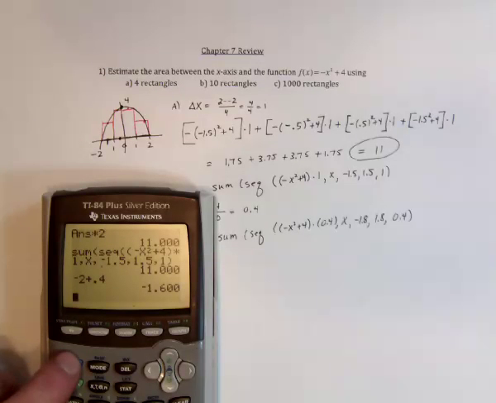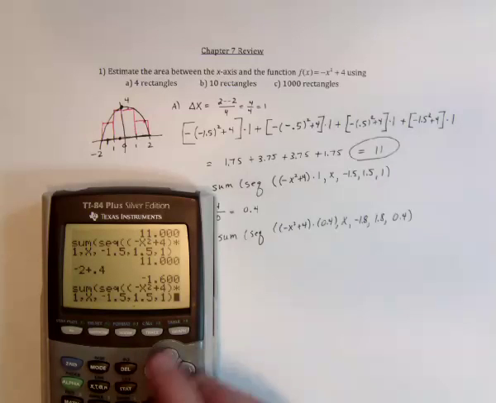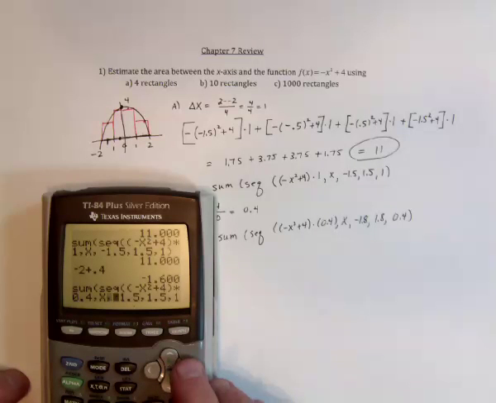I don't feel like typing it in again, so I'll just use second enter until I get it back. The width needs to be 0.4, and then this changes to 1.8 and 1.8 and 0.4.